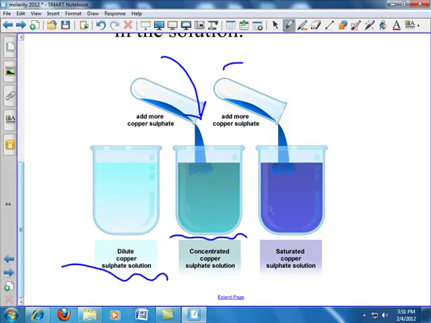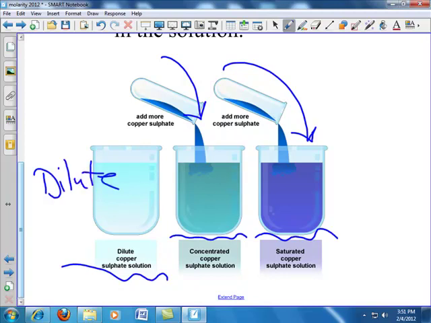Then we add even more copper sulfate, and we get an even more concentrated solution. So over here, we're dilute, and over here, we are concentrated. We just have a whole lot more particles in the solution on the right side than we do in the solution on the left.